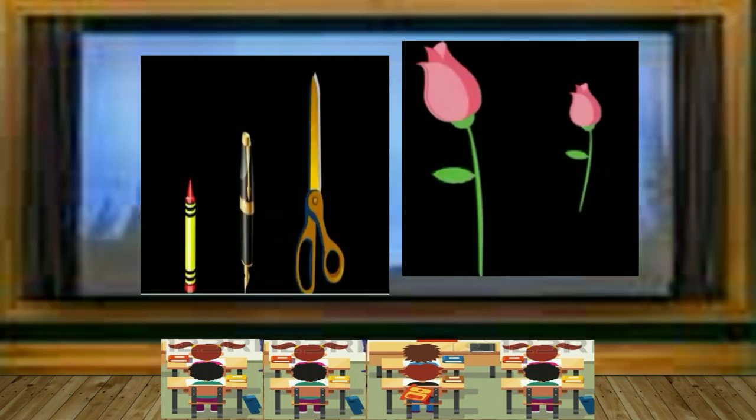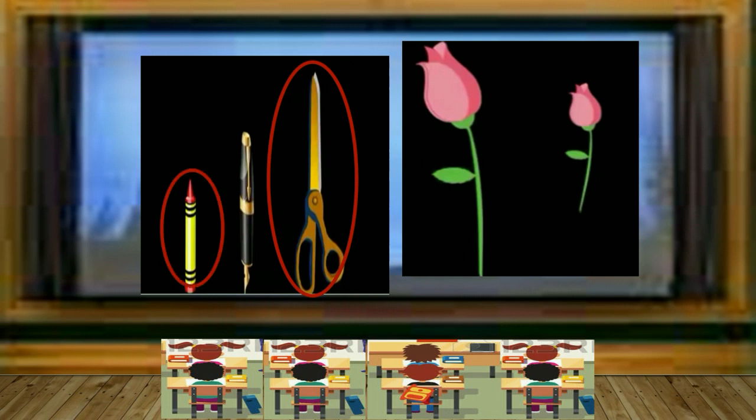Okay, class, what did you learn in the video? Yes, Sarah. I learned in the video that among the three objects, the scissors is the longest and the shortest is the crayon. The crayon is shorter than the pen, and the pen is shorter than the scissors.